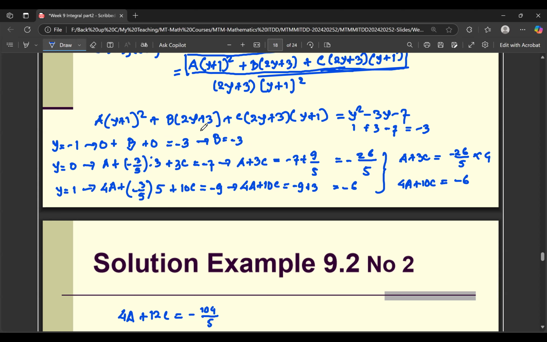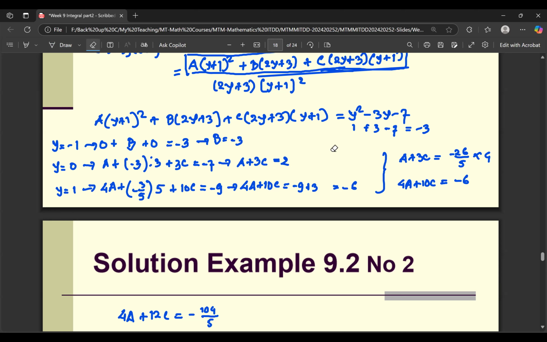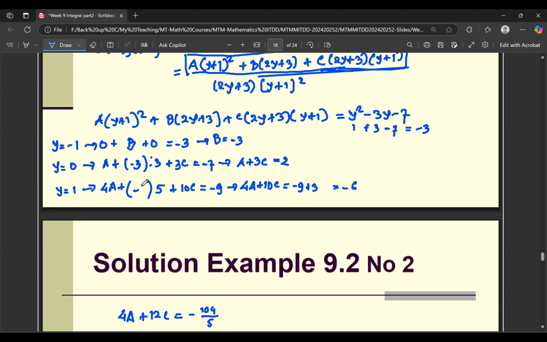So this is only minus 3 here. And we have 2. And then this is also minus 3.